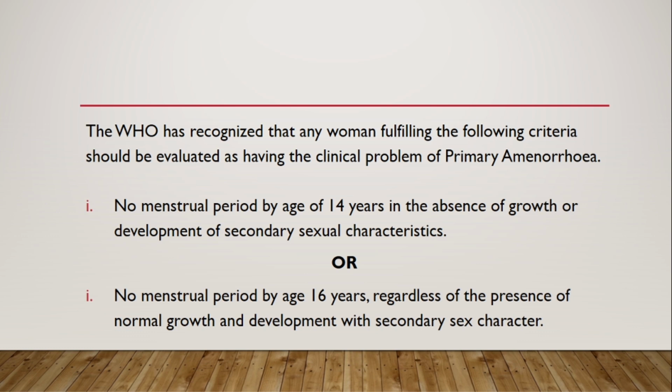So if a woman by the age of 16 years has not achieved menarche, even though there is normal growth and development of sexual characteristics, this woman will be evaluated as having primary amenorrhea.